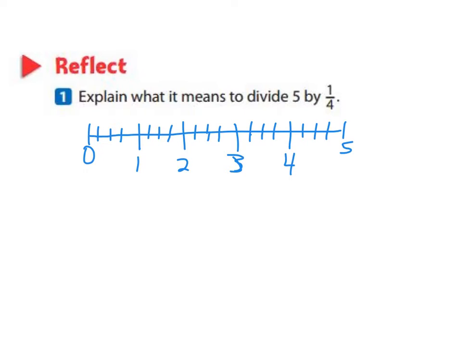Now all you would have to do is count your tick marks, or if you want to take the easy way, you can write the problem out, 5 divided by 1/4. I know the same thing would be keep, change, flip, and my answer would be 20.